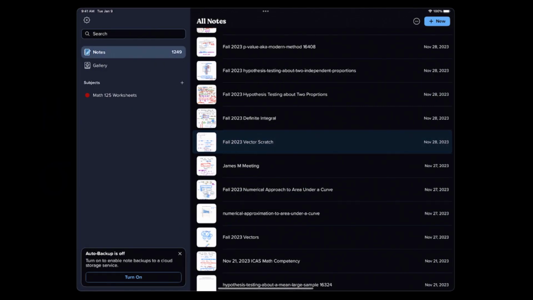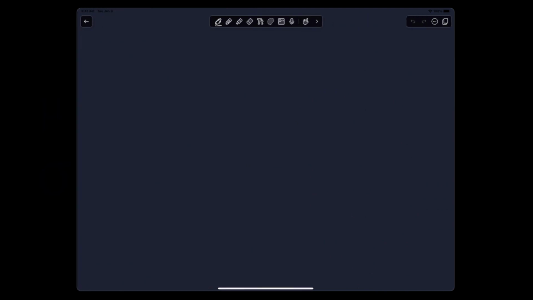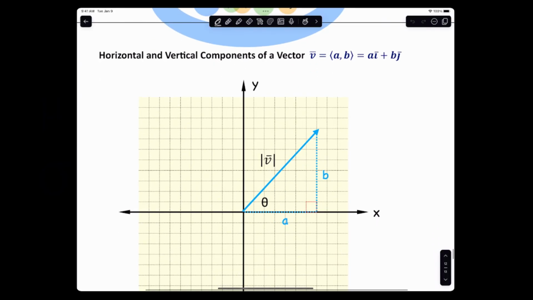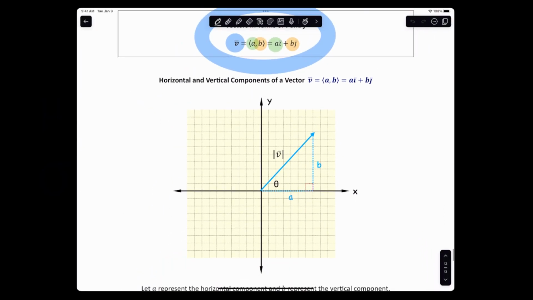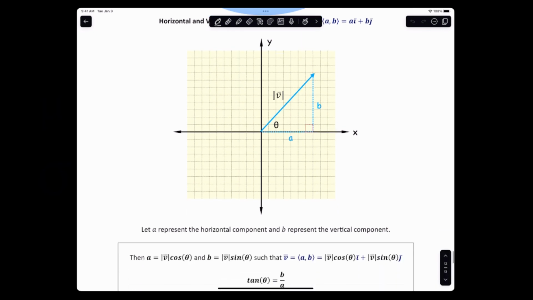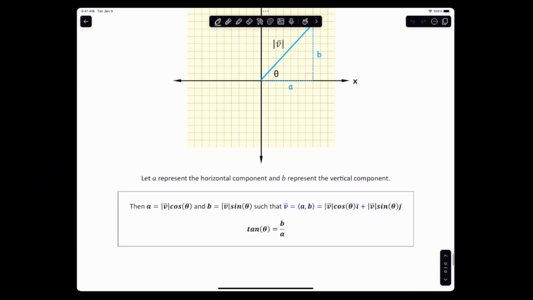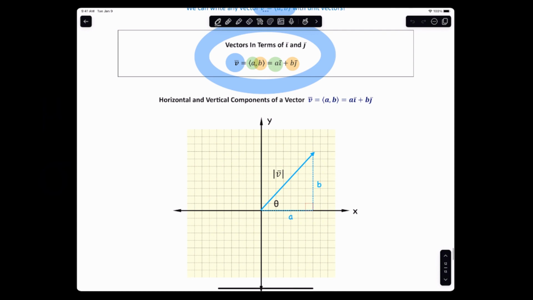So in these notes here, everything is still the same. That's still vector v. It's just we write it as ai plus bj. This is what I just wrote down. And then I'm going to actually do something here to remind you guys. Here's another way to write this.